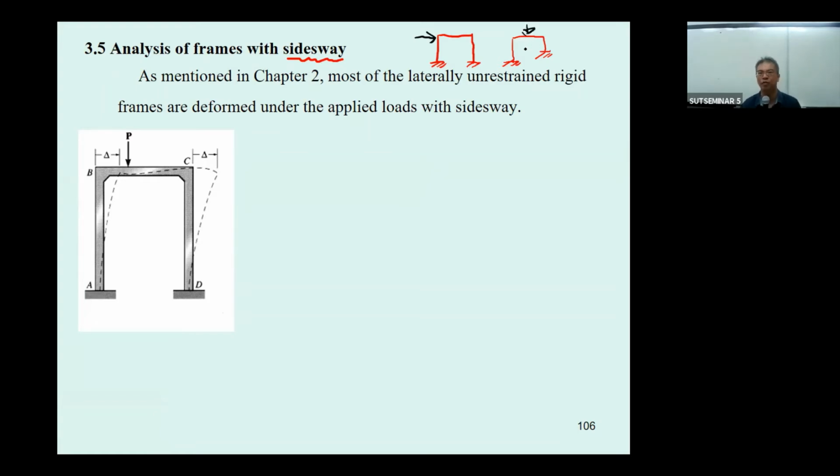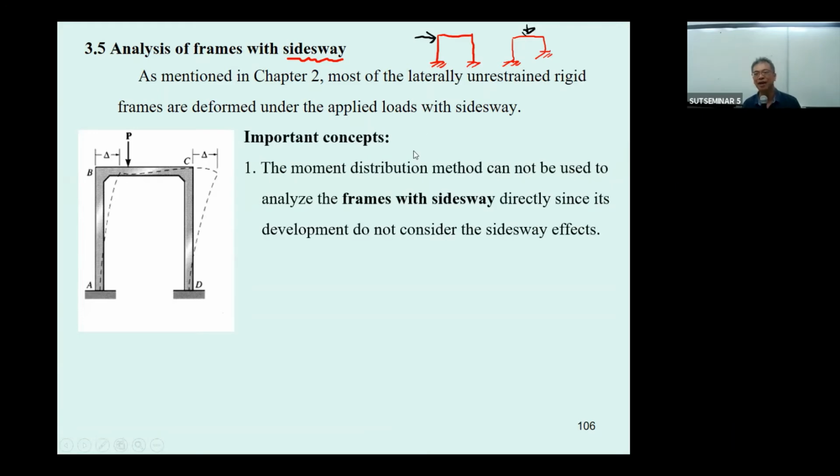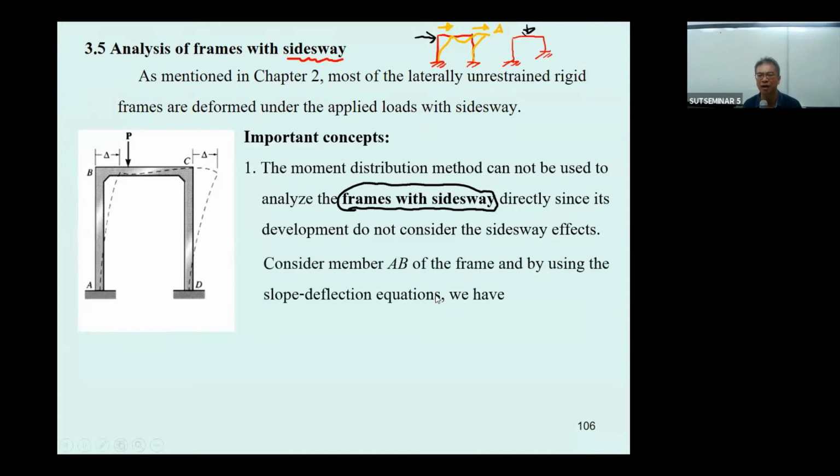the frame also has sidesway. Based on the frame with sidesway, the problem is that our formulation for the moment distribution didn't consider how the structure has the delta deformation like this. We didn't consider the deformation delta. For example, if we consider the column AB for this problem, you can see this problem also has the delta.